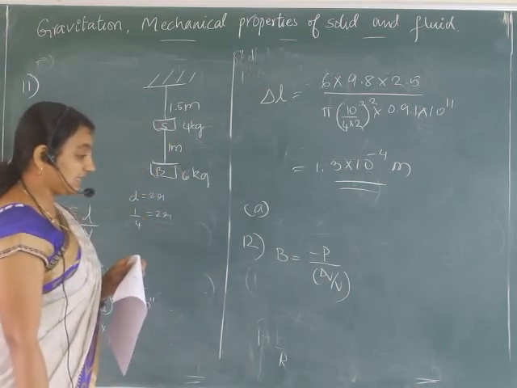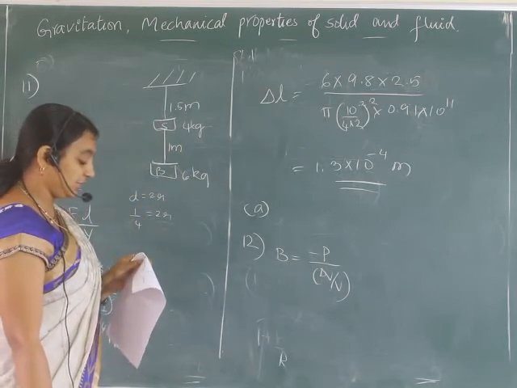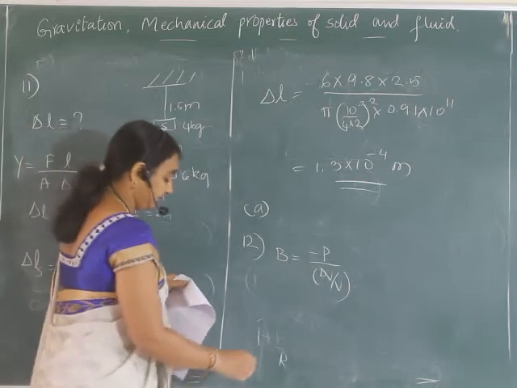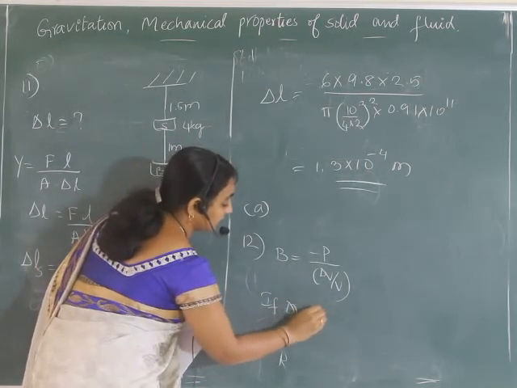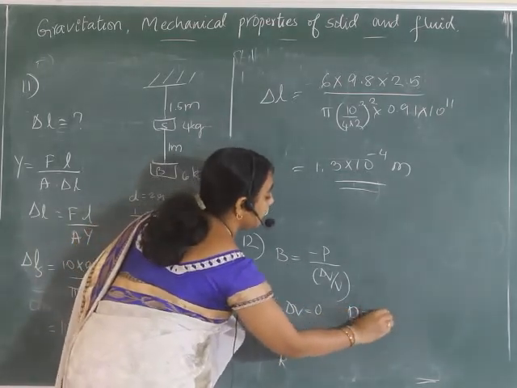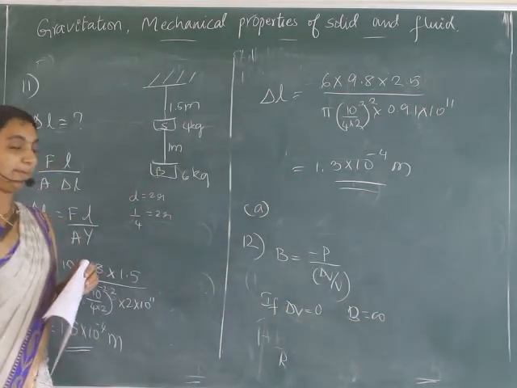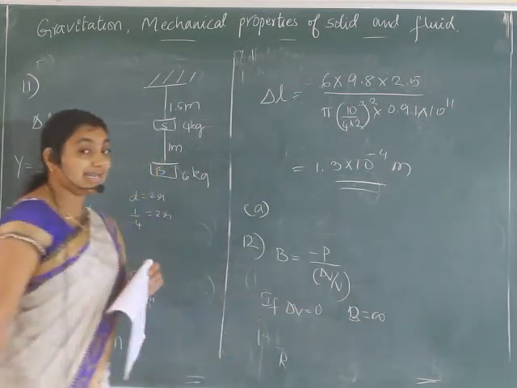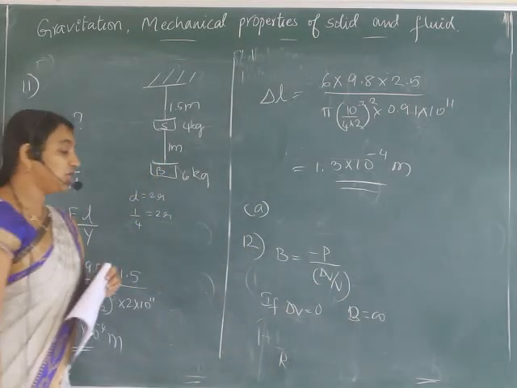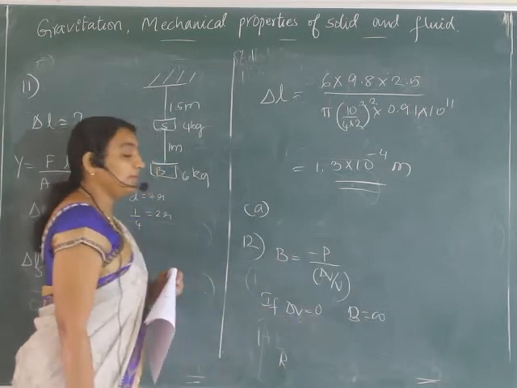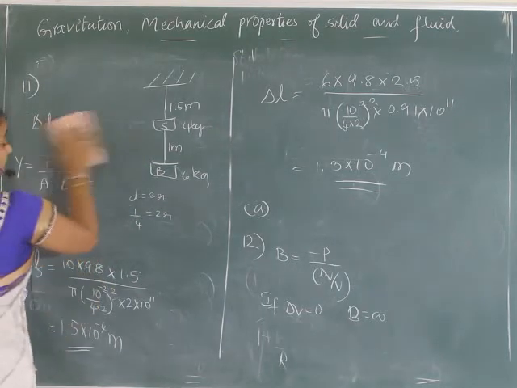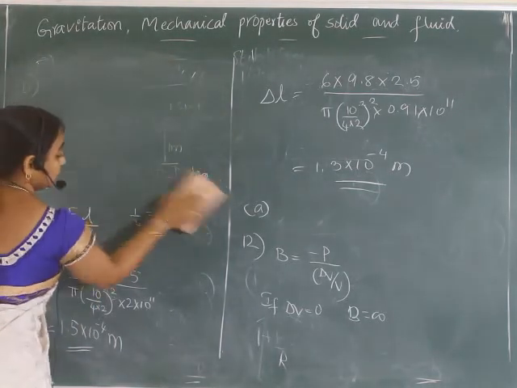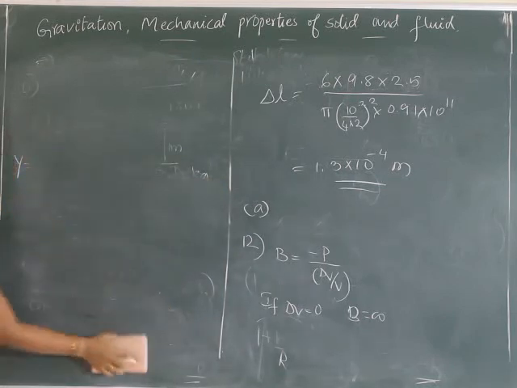If delta V is equal to 0, then B should be equal to infinity. See, if delta V is equal to 0, B is equal to infinity. Because it is incompressible, volume will not change. So the answer is option C.